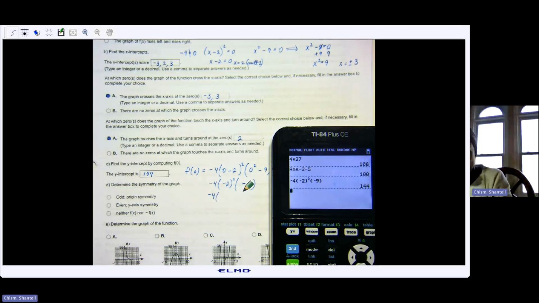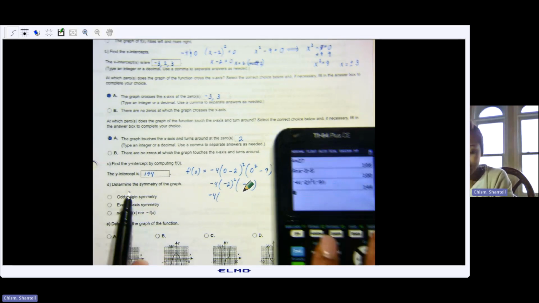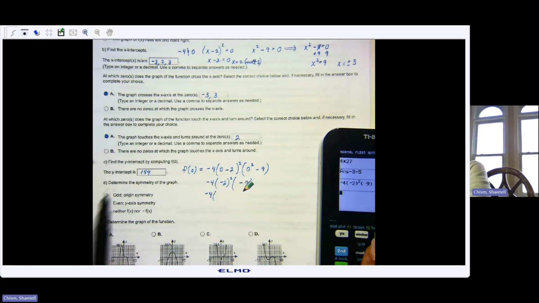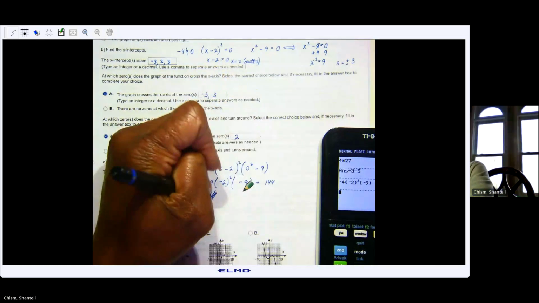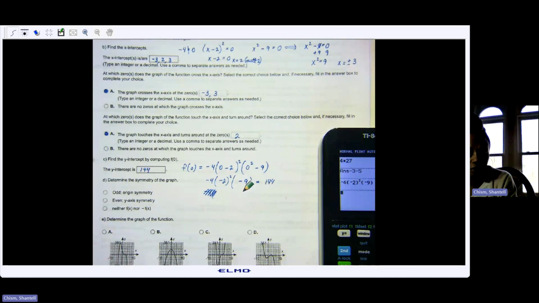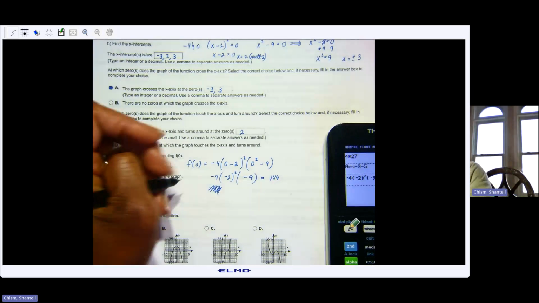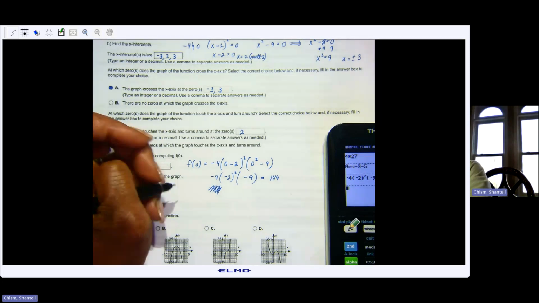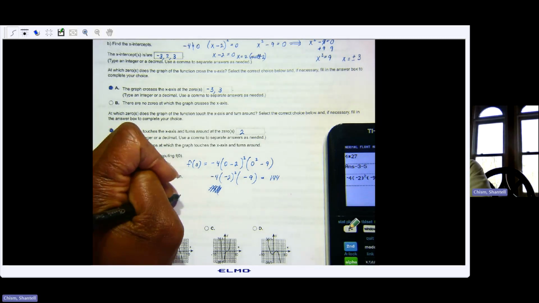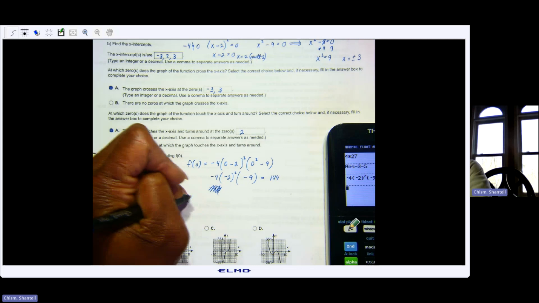Okay. All right, this next part, part D, is asking us to determine the symmetry of the graph. So I'm going to just put 144 here. To determine what kind of symmetry we have, remember we evaluate the function at -x to see what we get.